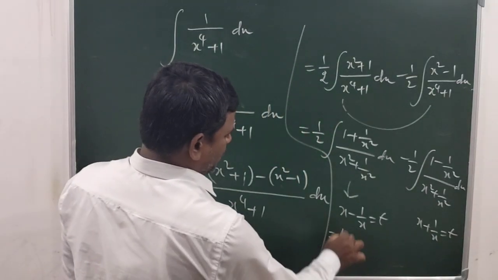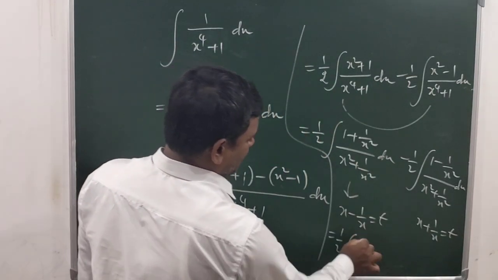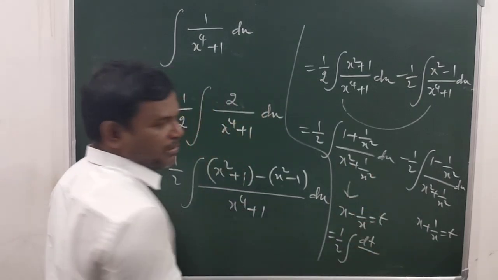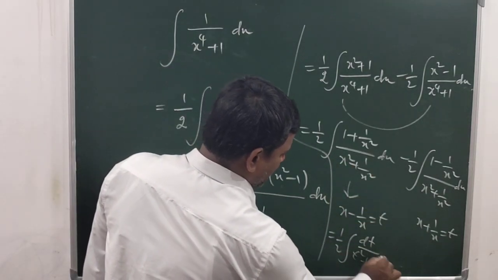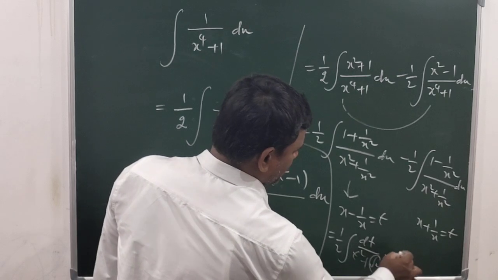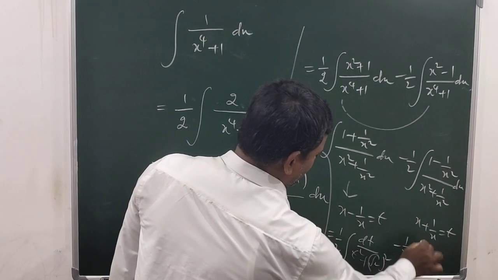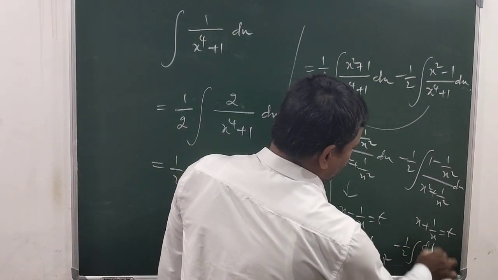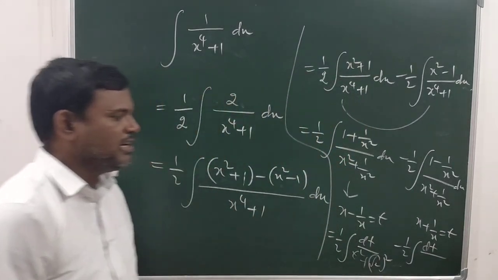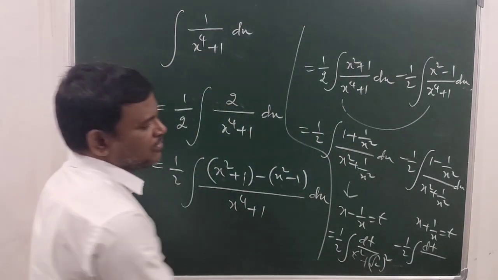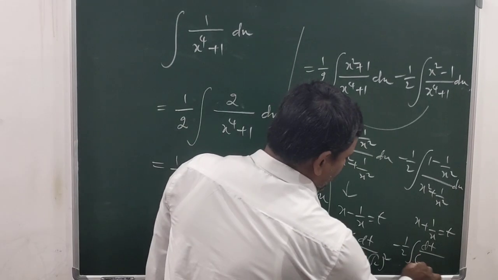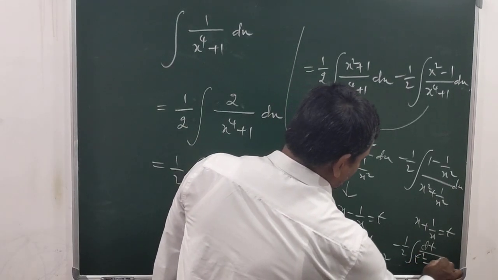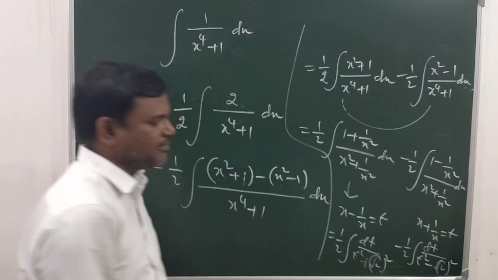In the numerator you get dt, and in the denominator t square plus 2, where 2 can be written as root 2 whole square. This one also: minus 1 by 2 integral of dt over, squaring both sides, t square minus 2, and minus 2 you can write as root 2 whole square.